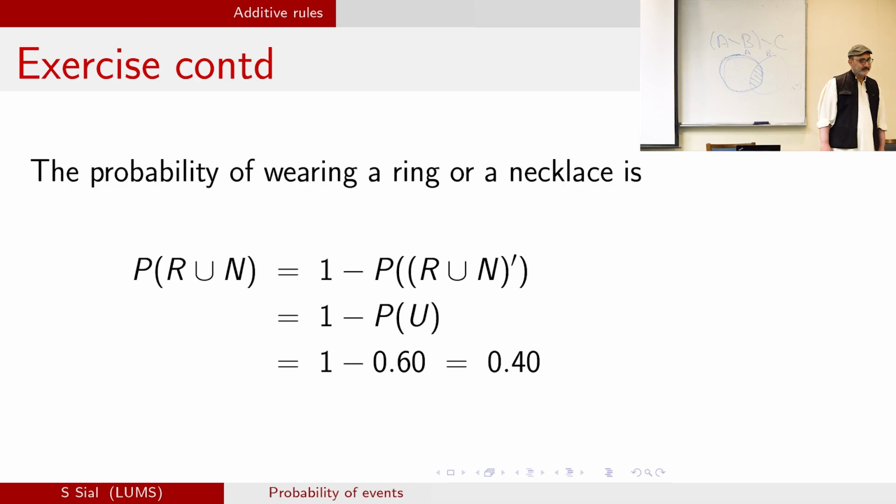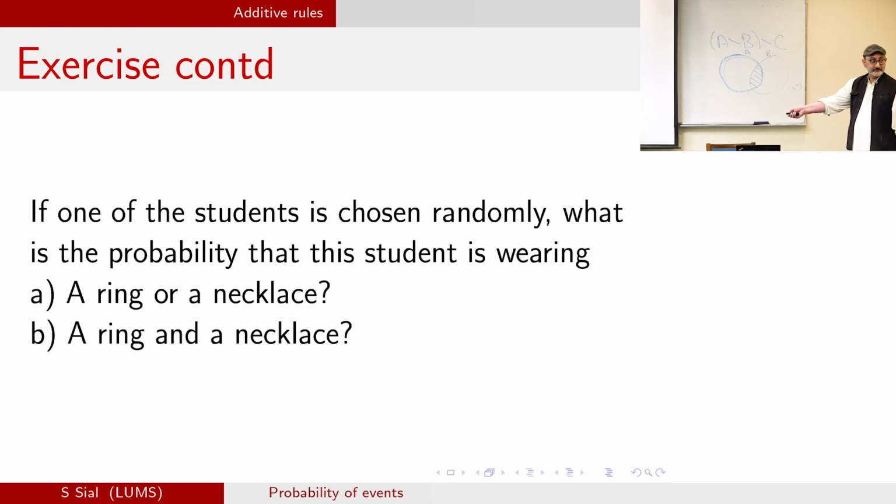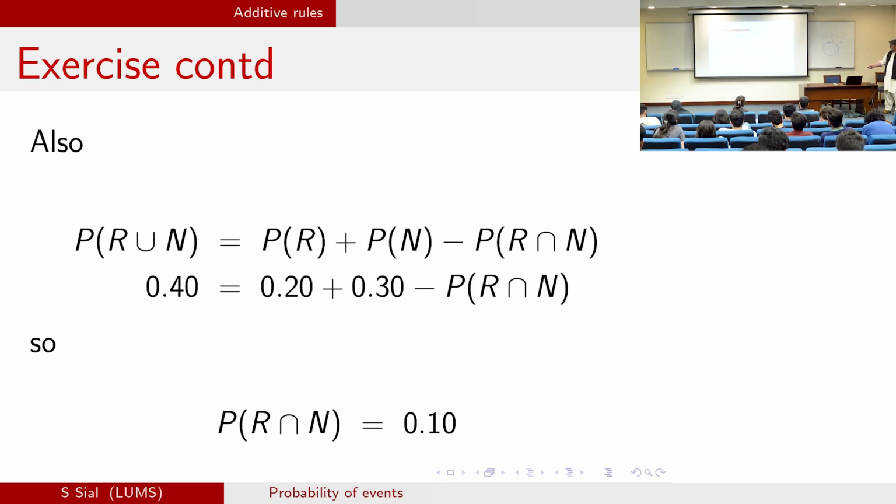Yes? So let's say the question asked us to calculate the probability of students who wear both. Okay, so that's part B here, right? So we're going to do that. The probability of wearing a ring or a necklace is the probability of wearing a ring plus the probability of wearing a necklace minus the probability of the intersection. We had that rule, right? And that's what we're trying to find.